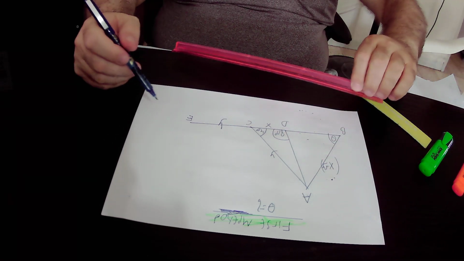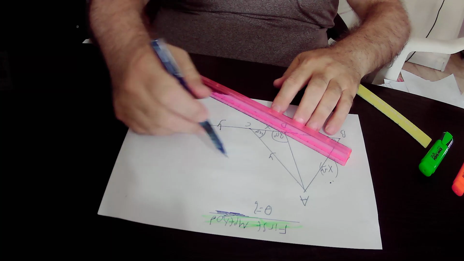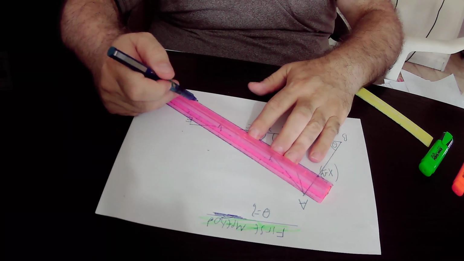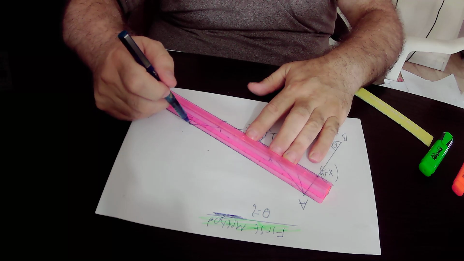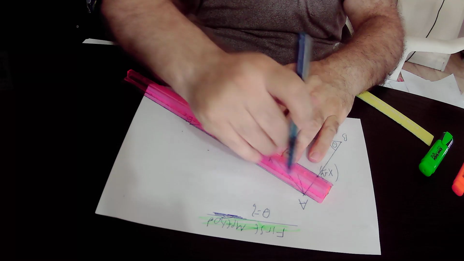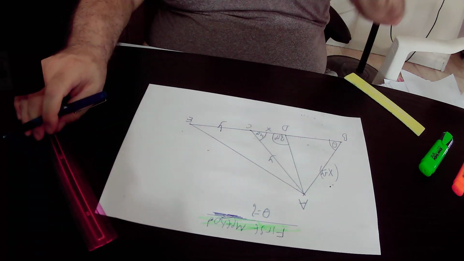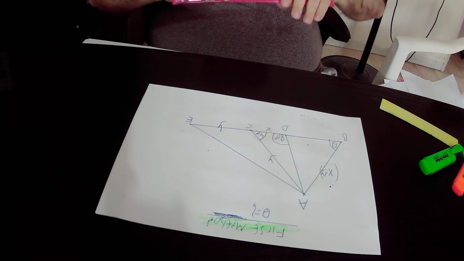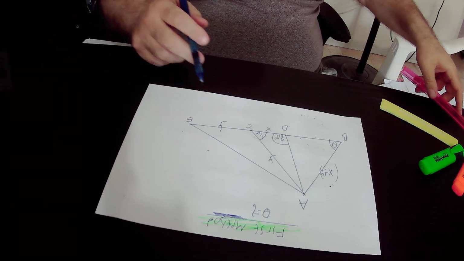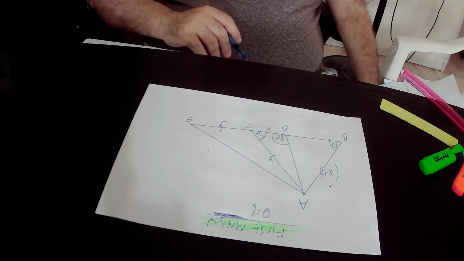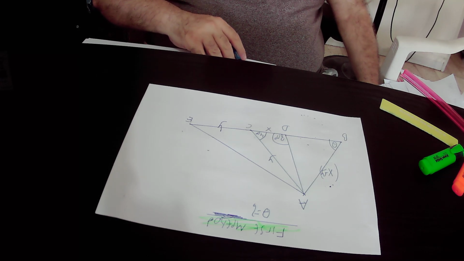In the next step, we'll join points A and E by a straight line. So here we created triangle ACE. I will copy triangle ACE in a new page, and we will analyze triangle ACE.